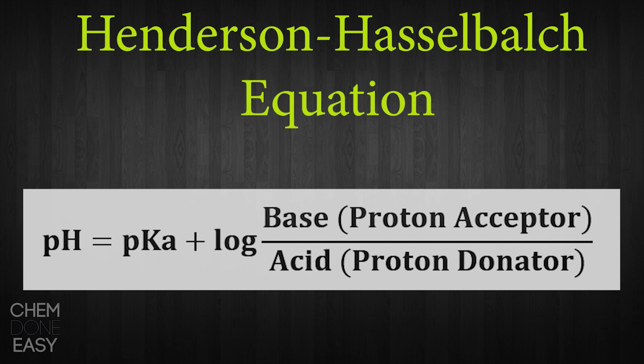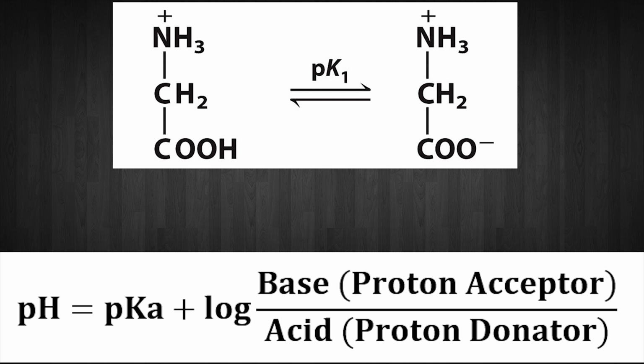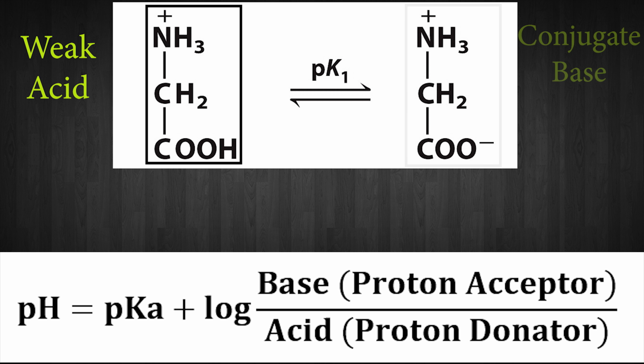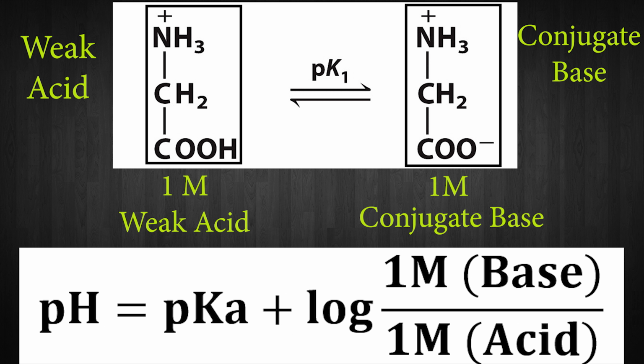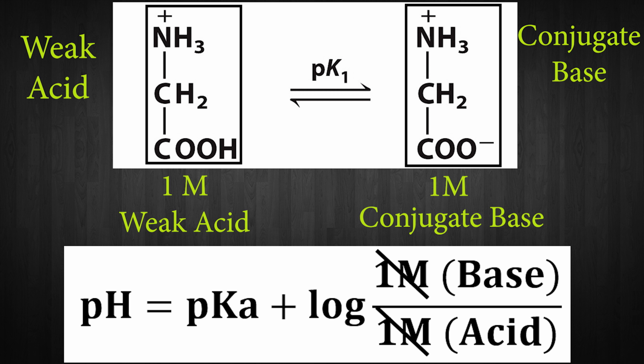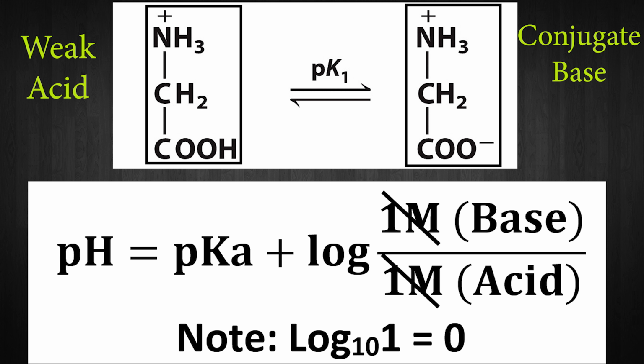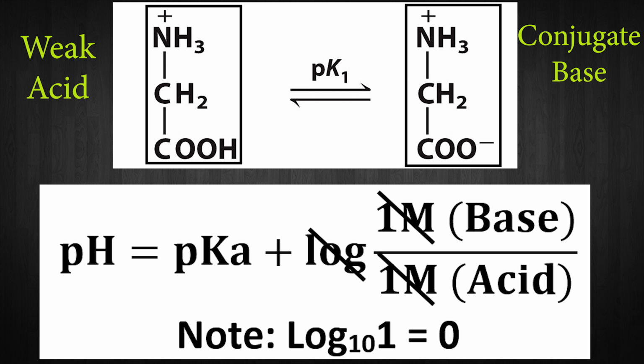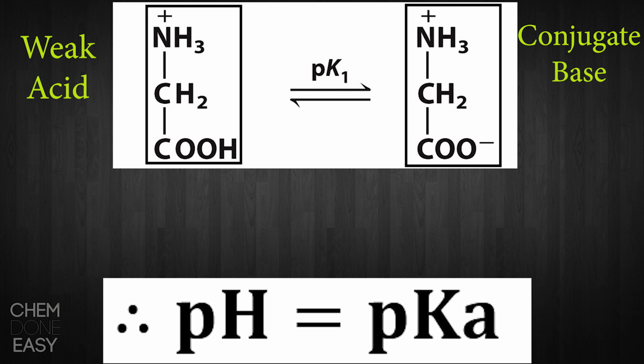Now, to explain this a little bit better, we need to have a look at our Henderson-Hasselbalch equation. When the concentration of our weak acid and its conjugate base are equal, we see something interesting happen to our equation. Log base 10 of 1 equals 0, so the entire log of base over acid will cancel itself out, meaning that our equation will turn into pH equals pKa.